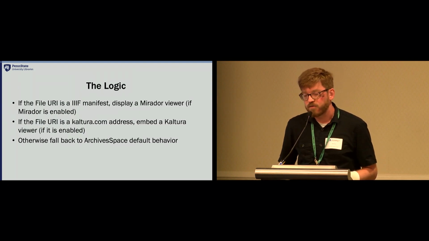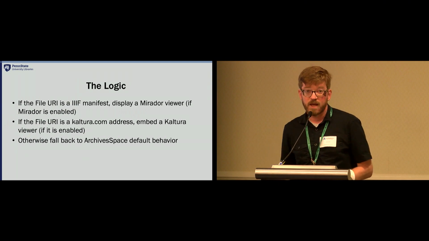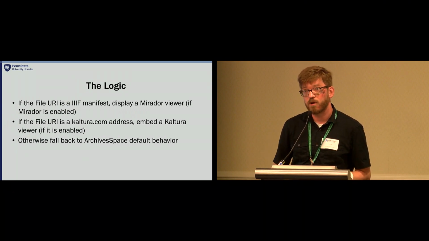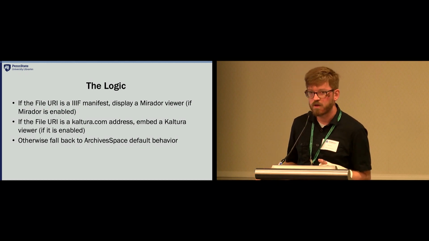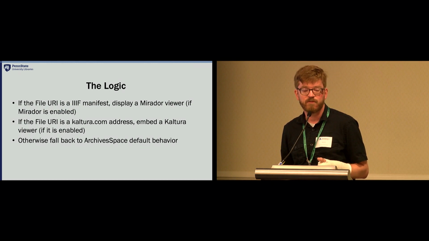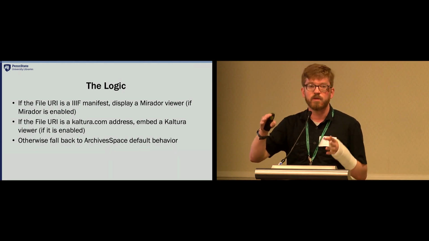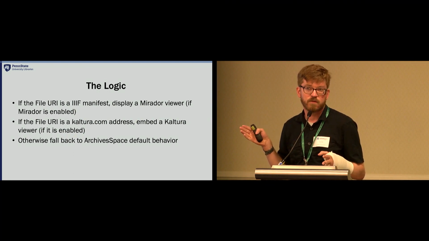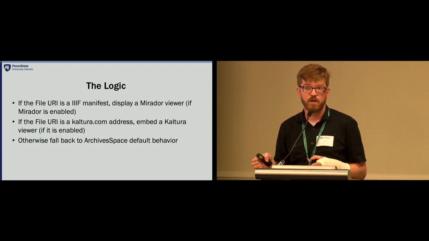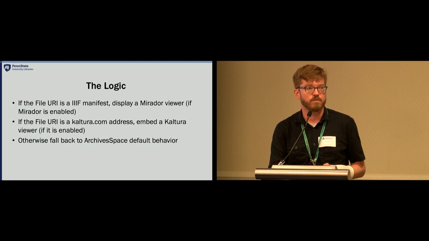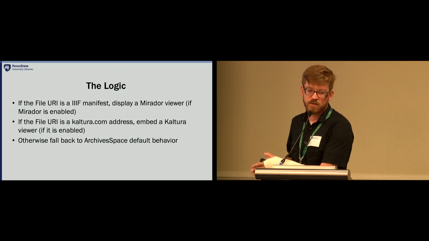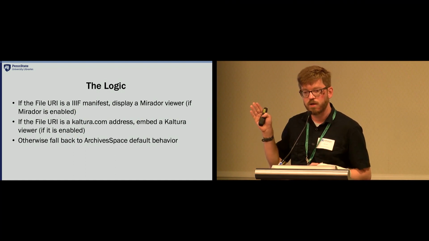The logic of the plugin is that it checks if your file URI contains one of two things. If it ends in manifest.json, it recognizes this is a IIIF manifest, and it will put the Mirador viewer on the digital object page or on the archival object page for an object to which the digital object is linked, so that you can see the Mirador viewer in both places.